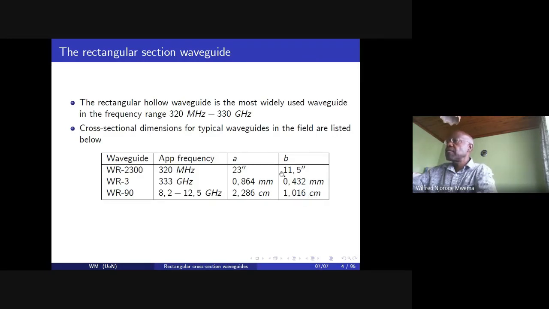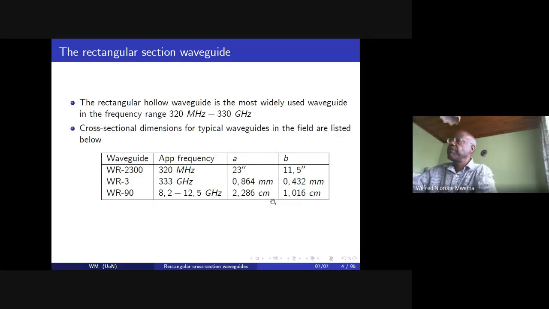If you look at this A and B, the relationship is very close to A being twice B. And this is by design, because as we shall see, when you want to drive your waveguide with only a single mode propagating down that guide, we want to make sure that the cutoff frequency of the next higher mode is higher than the frequency that you are dealing with.